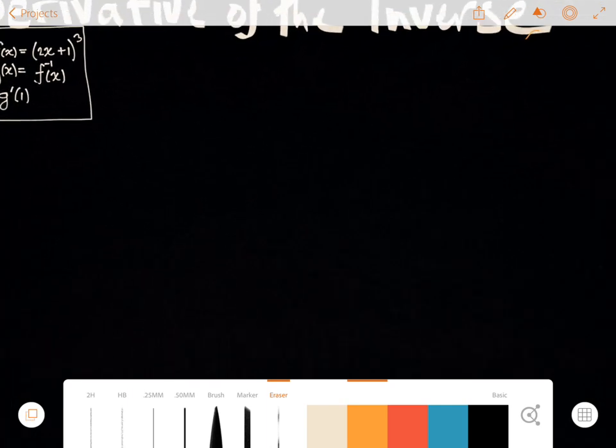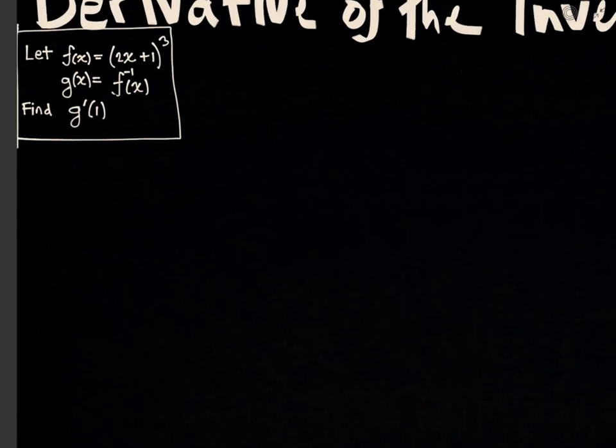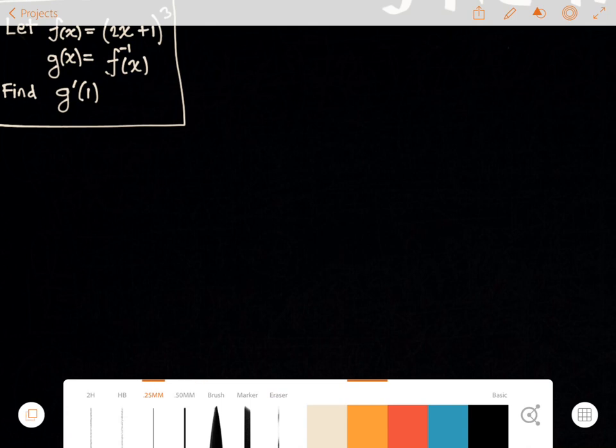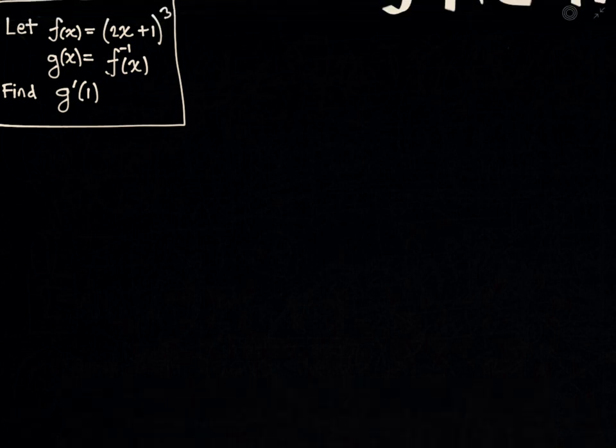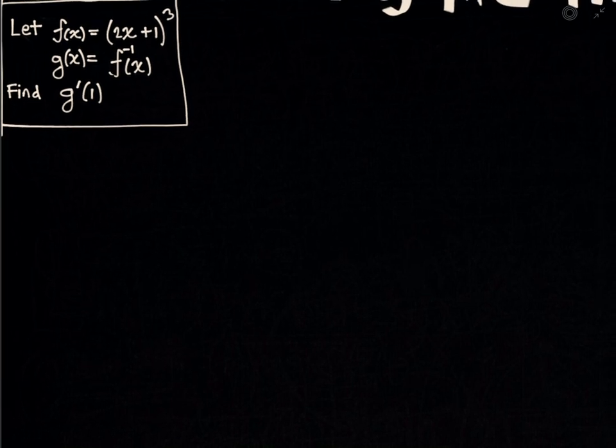And in section A of the AB exam in 2012, they gave you this question, and I almost guarantee you that it will be on your exam whenever you take your AP test. It's the derivative of the inverse. It's a notorious question.